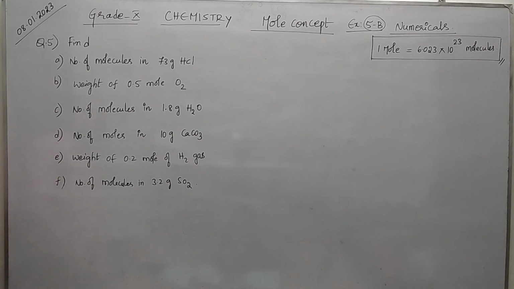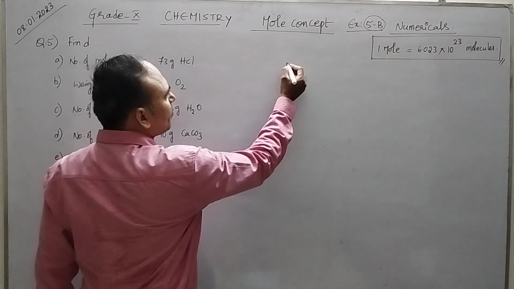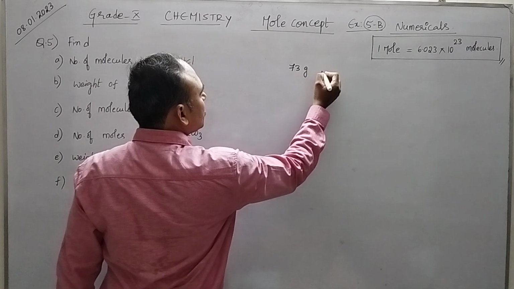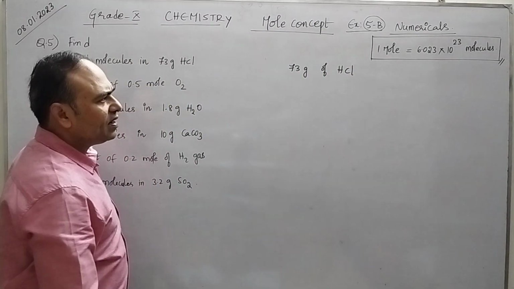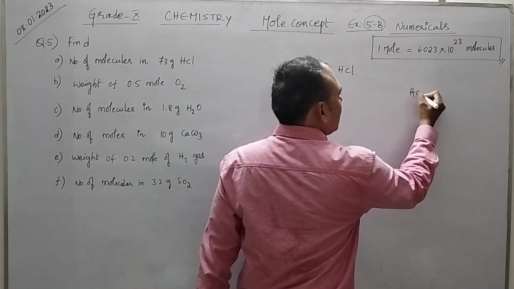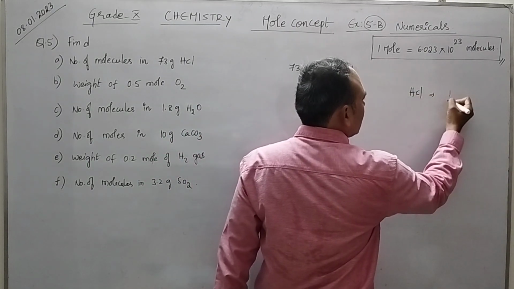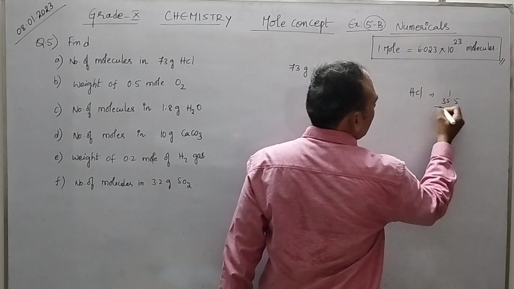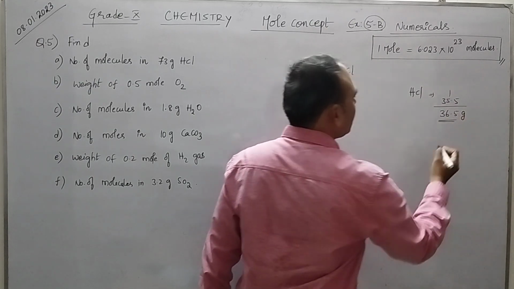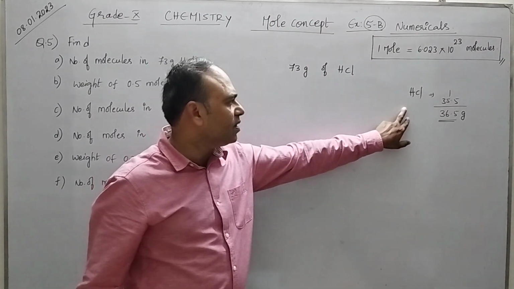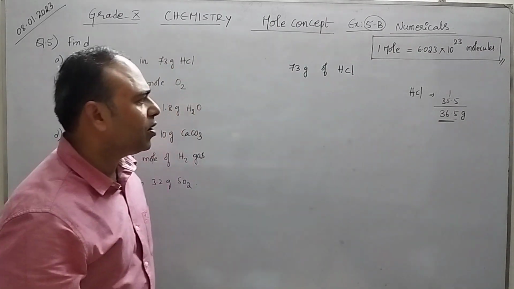Now the number of molecules in 73 grams of HCl. First and foremost, they have mentioned 73 grams of HCl. If you consider one HCl molecule, chlorine is 35.5, so we can take it as 36.5 grams for HCl. So the molecular mass of HCl, that is for 1 mole, is 36.5 grams.